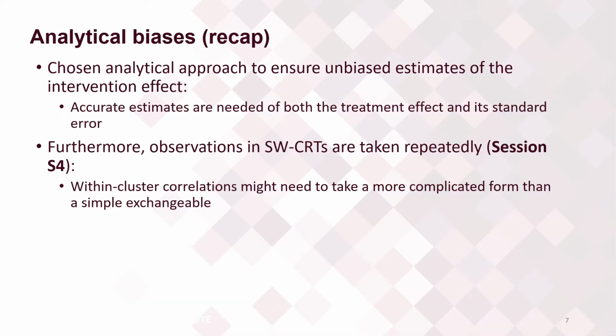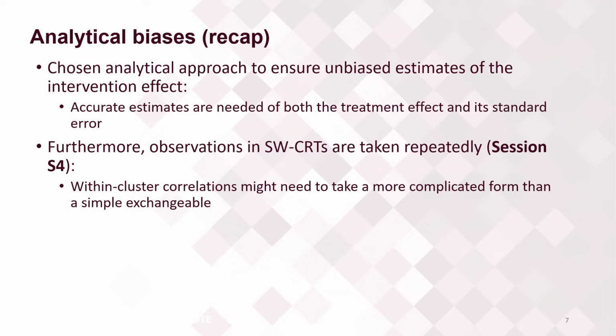So as a quick recap then, analytical biases essentially refer to the need that the analytical approach should give us unbiased estimates of the intervention effect. And so this means accurate estimates of the point estimate of the treatment effect and its standard error. Now there is an additional complexity in stepped wedge trials, and that is that these measurements are taken repeatedly over time.